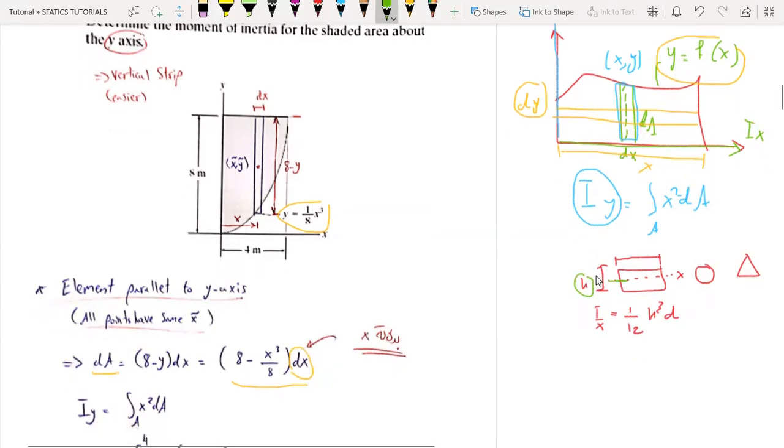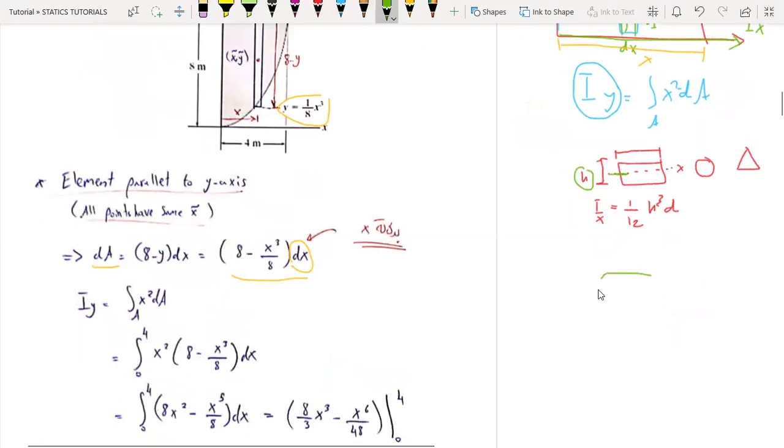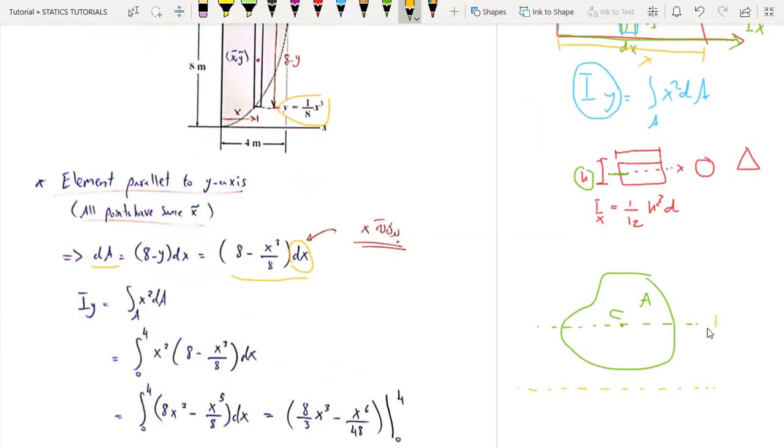Also, let's mention the parallel axis theorem. If we have an area and the centroid is here, but we are required to find the moment of inertia about an axis parallel to this axis. Here it is I bar, because it's passing through the centroid.